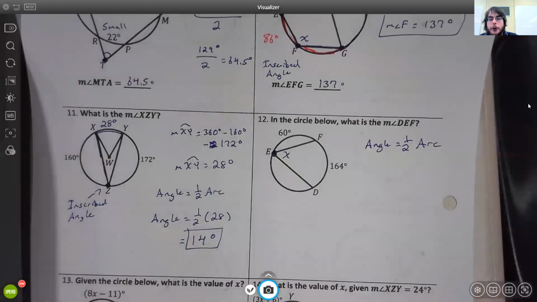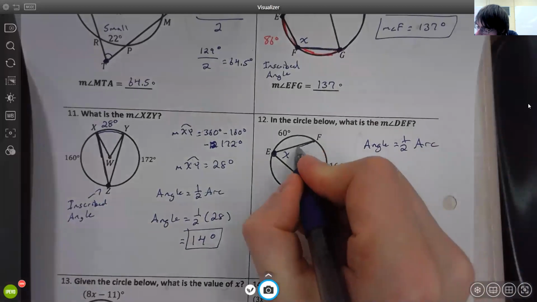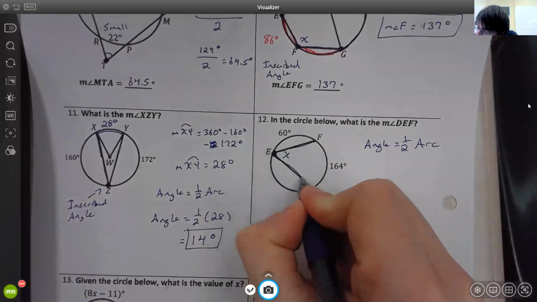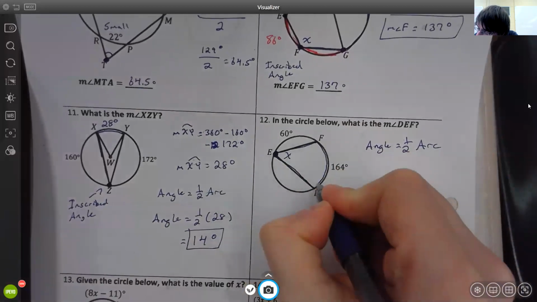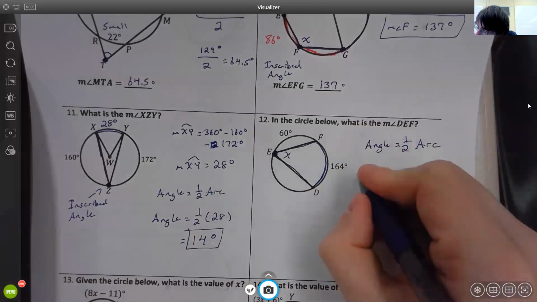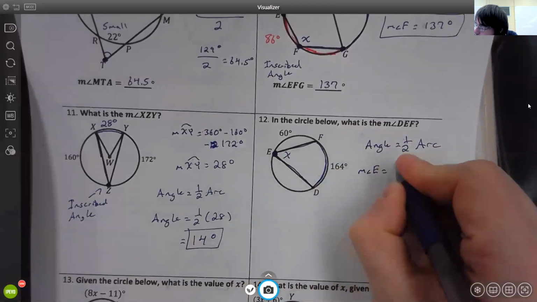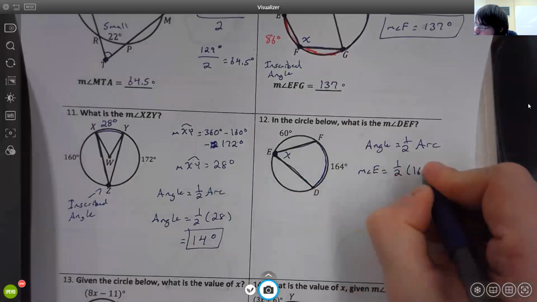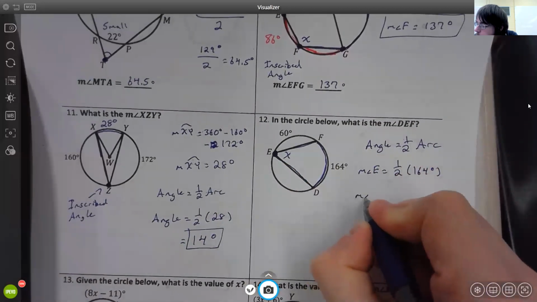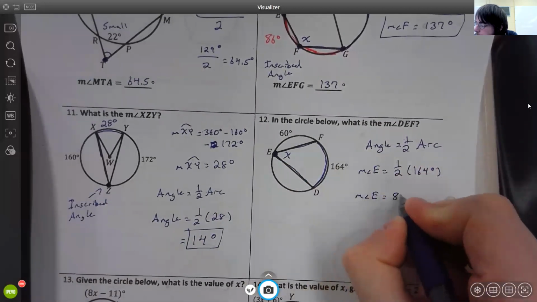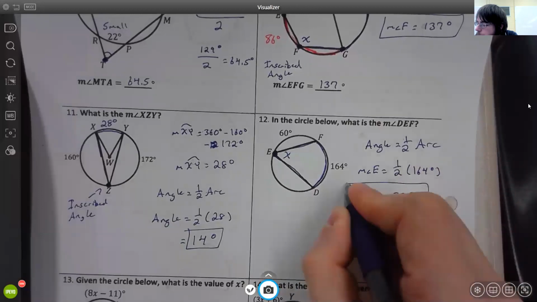Do we already know the arc that's associated with angle DEF? And the answer is yes. Right here, we see that the arc 164 is there. So we know the measure of angle E must be equal to 1/2 of 164. So the measure of angle E is 82 degrees.